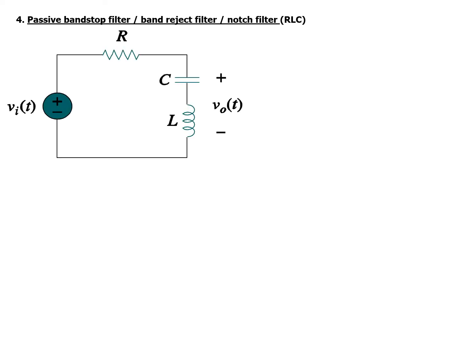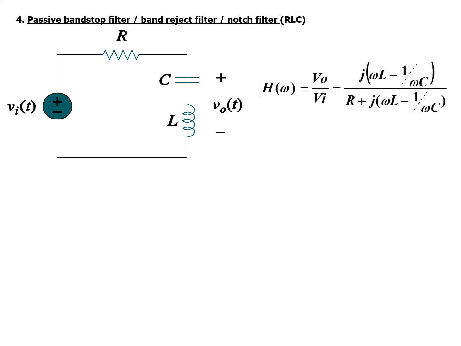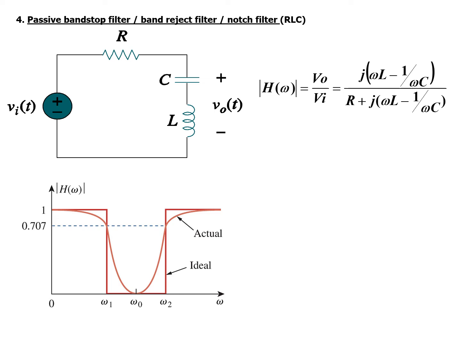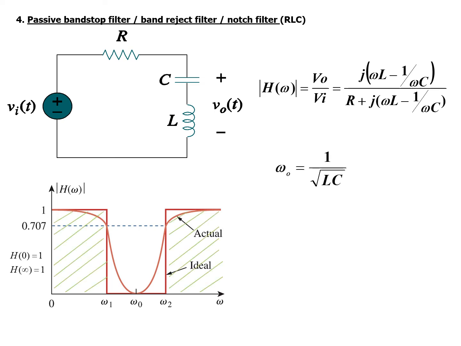For a passive band-stop filter or band-reject filter, sometimes called a notch filter, it is the same RLC circuit, but this time the output is measured across the inductor and the capacitor. We have the transfer function as shown, j omega L minus 1 over omega C over R plus j omega L minus 1 over omega C. You will see a shape like this, in which all frequencies between omega 1 and omega 2 are blocked or stopped.